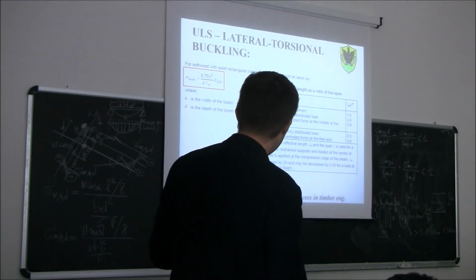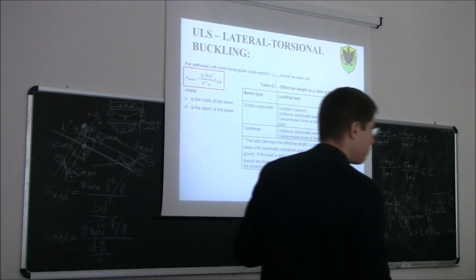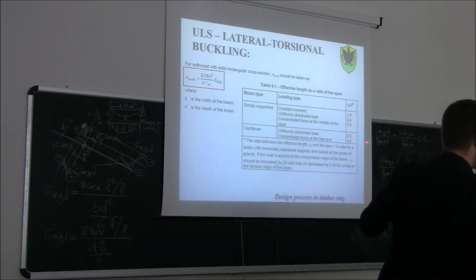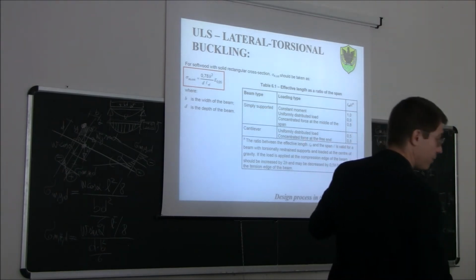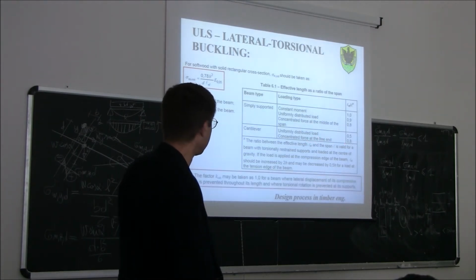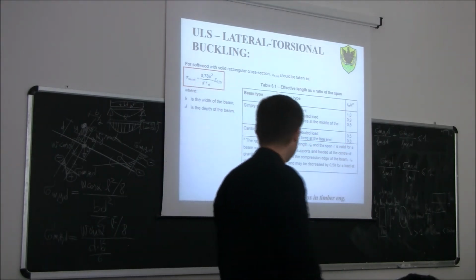So in this formula, l_ef is 0.9 times L. If the beam is subjected to a constant bending moment, then we take the whole length. If the beam is subjected only to a concentrated load in the middle, then it's 0.8 of the length. If we have a cantilever, for a uniformly distributed load it's 0.5 of the actual length of the cantilever. If you have a concentrated force at the free end of the cantilever, then it's 0.8 of the actual length.